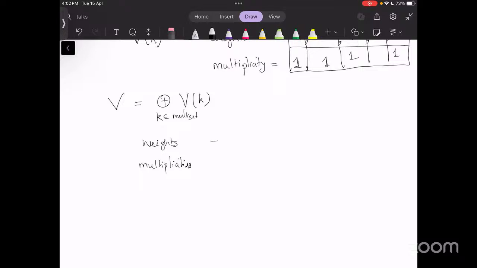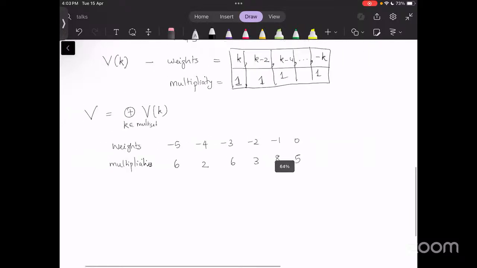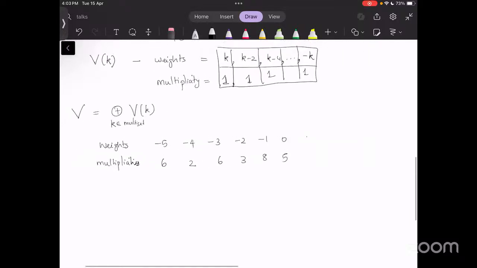The weight minus 5 appears 6 times, minus 4 appears twice, minus 3 appears 6 times, minus 2 appears thrice, minus 1 8 times, 0 5 times, and then symmetrically 1 appears 8 times, 2 appears 3 times, 3 appears 6 times, 4 appears twice, 5 appears 6 times.